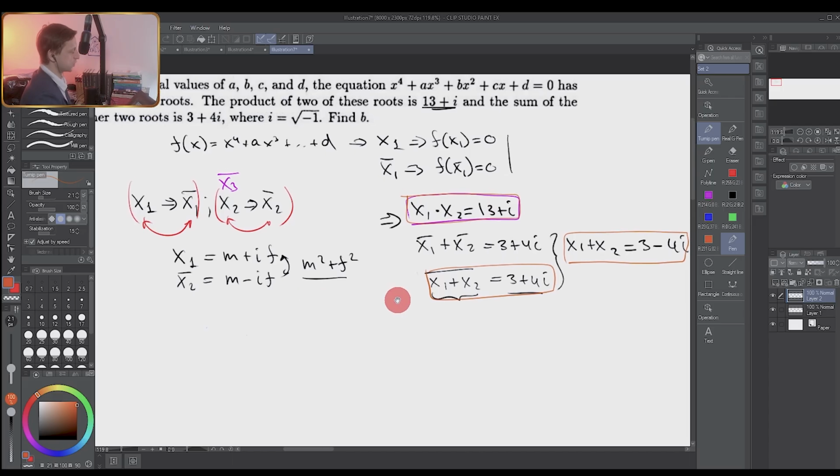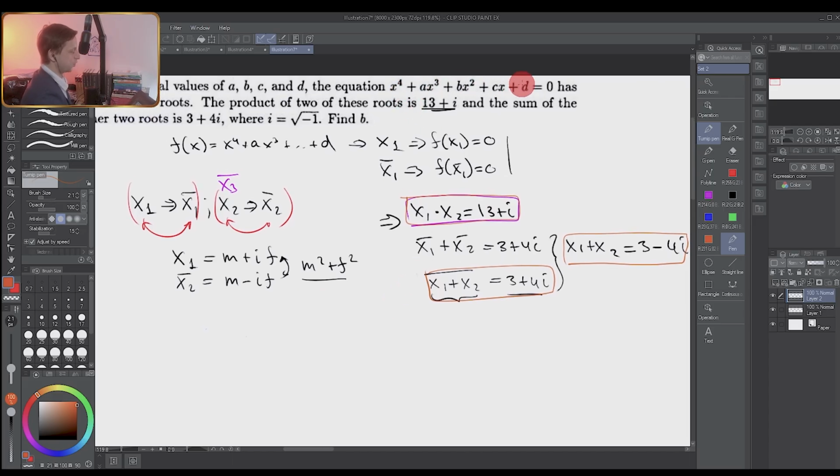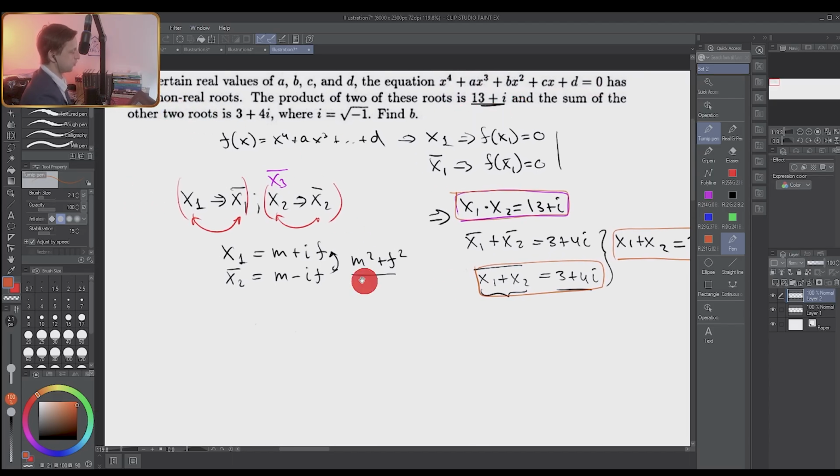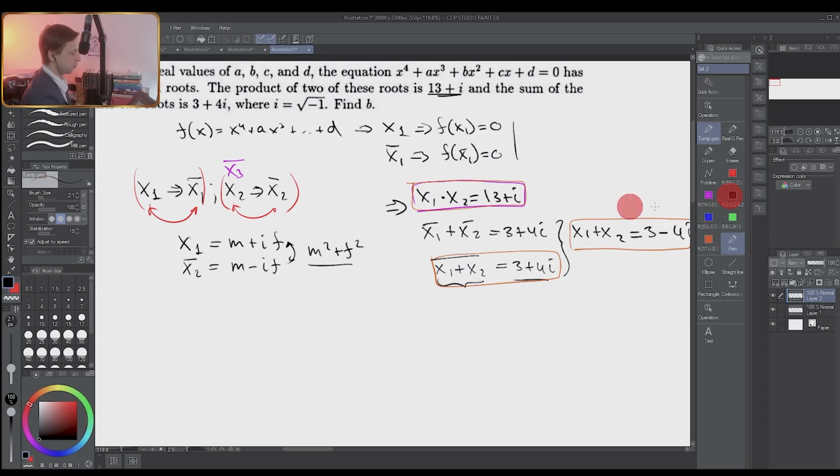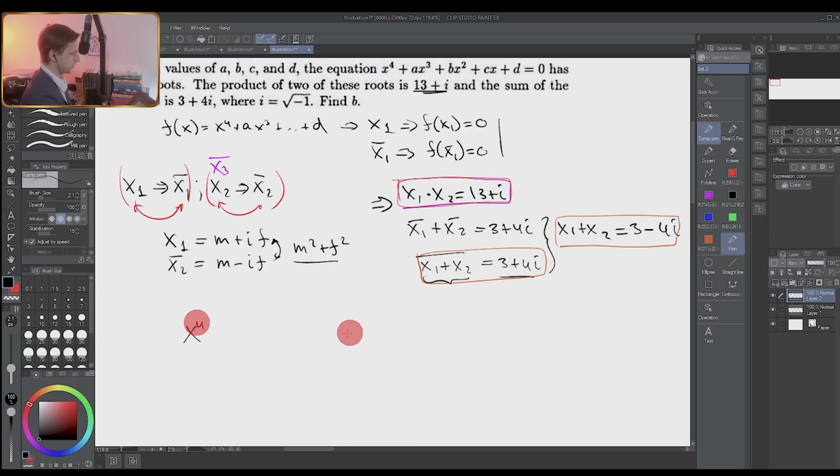This one is essential, this one is essential, and of course this one is essential. Okay, so what do we know? We know our polynomial has 4 non-real roots. It means that our polynomial can be represented as the next product. So let's write it. On the left side we have the polynomial x to the fourth plus bx squared plus cx plus d.